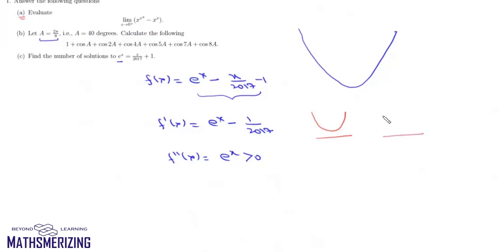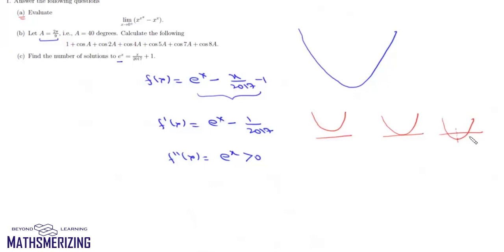Or this curve and the x-axis touch at one point, then it will have one solution. Or they intersect at two distinct points, in that case it will have two distinct solutions. So in order to distinguish between all these three conditions, we'll find the minimum value of this function.